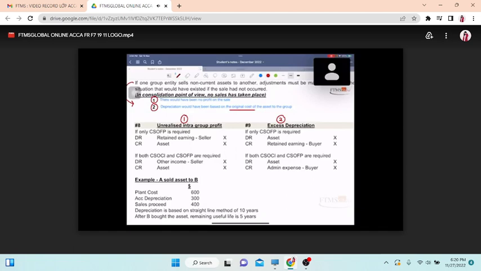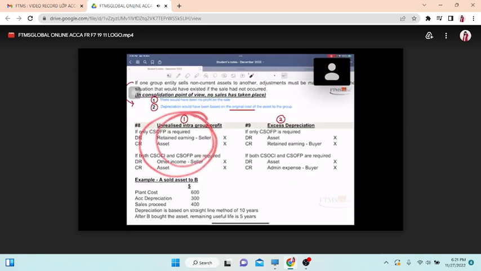Now let's concentrate on number 1 first. Number 1 is remove the profit. So this whole chunk here is number 1. You will want to do this part first. Plant 100, accumulated depreciation 100.